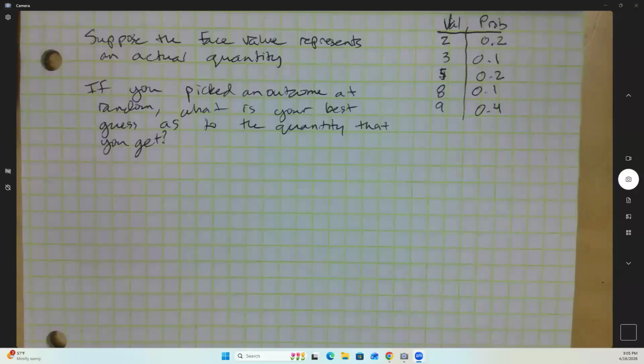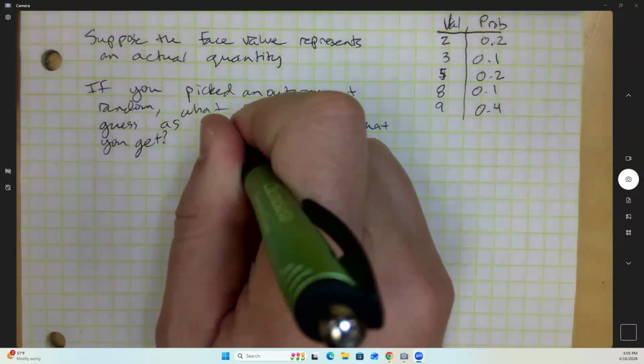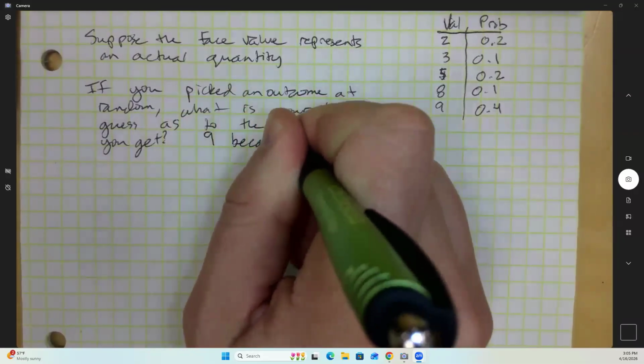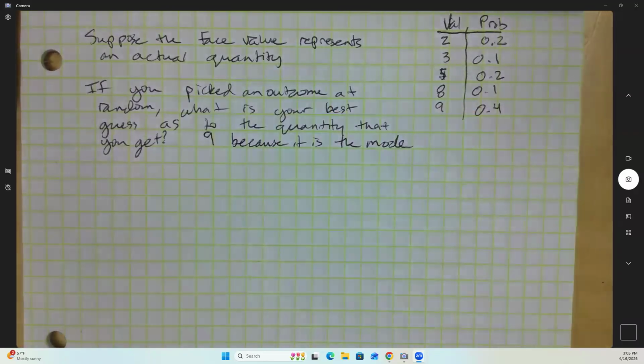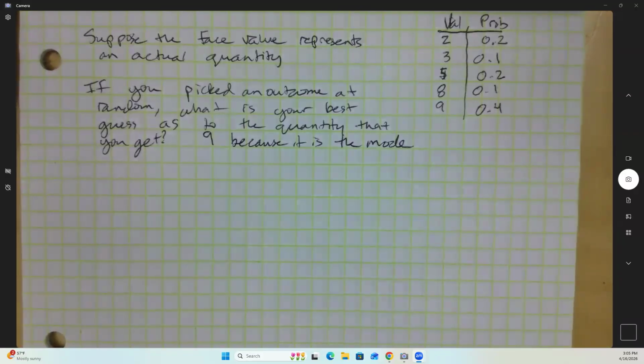So if I just picked one card, I guess for me, I would probably say I'd be most likely to get a 9, just because it's the most common observation. But picking one card is not great statistics.